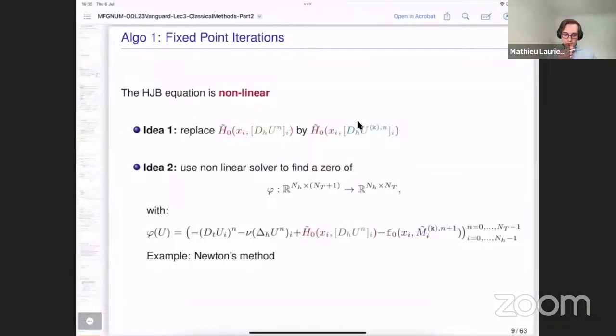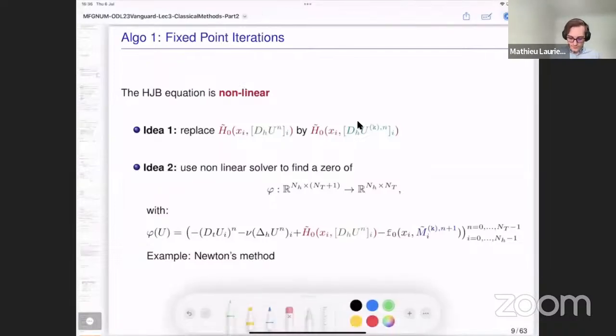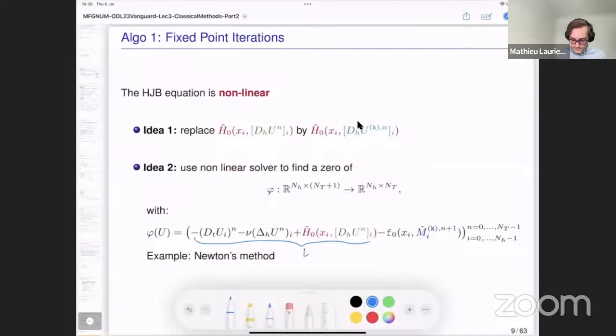If you don't want to do that, another idea is to really solve this nonlinear discrete equation using a nonlinear solver. So the idea is you have a function and you want to find a zero of this function. What is the function? Well, it's exactly what you had in the left-hand side of the equation minus what we had in the right-hand side, because you want these two terms to be equal. So you just take the difference for every n and for every i.